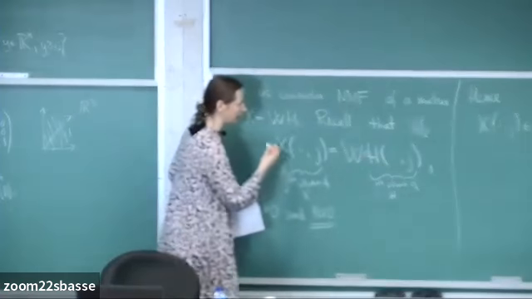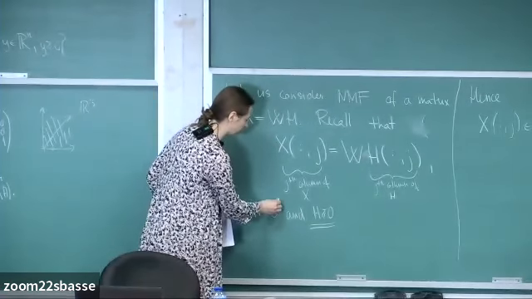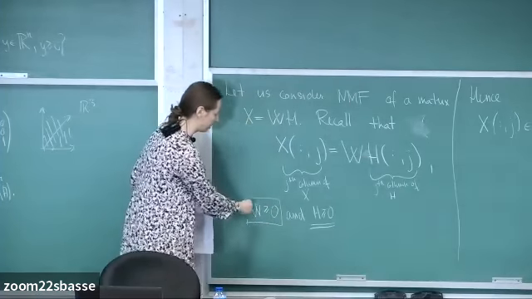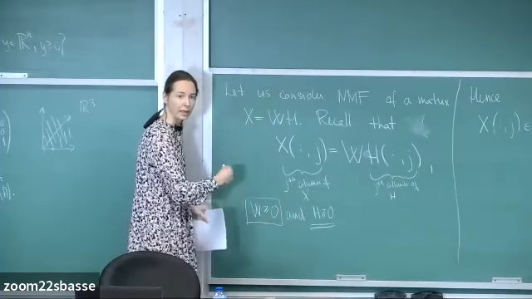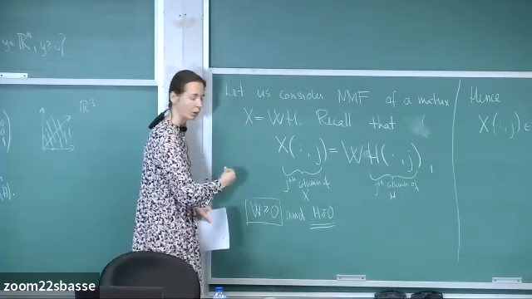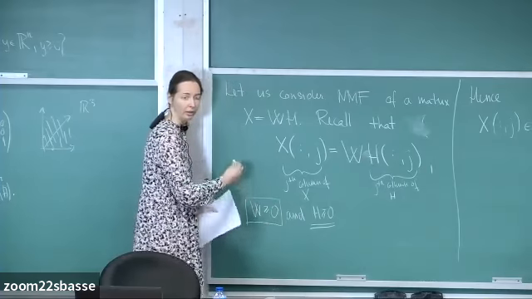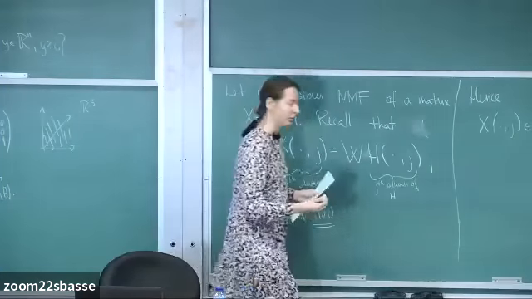But that this cone of W is included in the non-negative orthant comes from this part over here. This says that all the rays, the columns of W, are in the non-negative orthant, and this means the cone also has to be in the non-negative orthant.